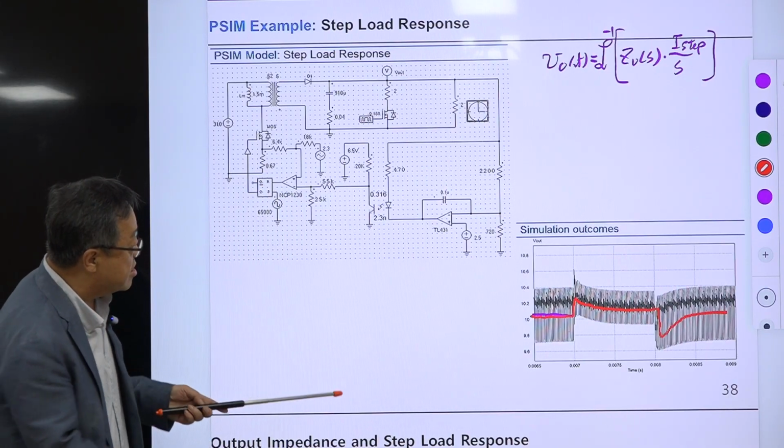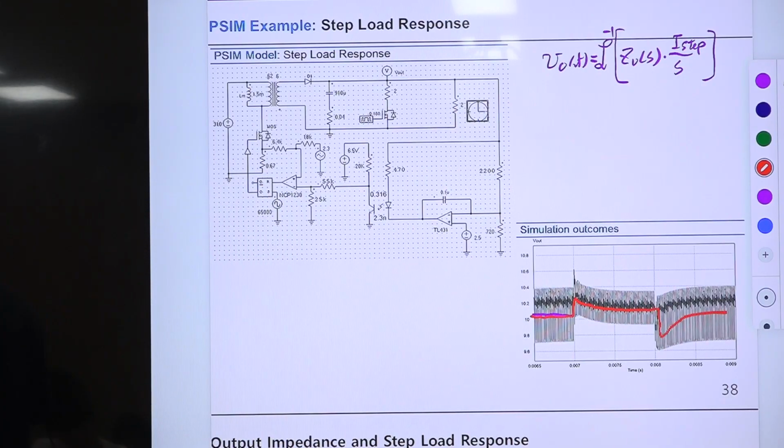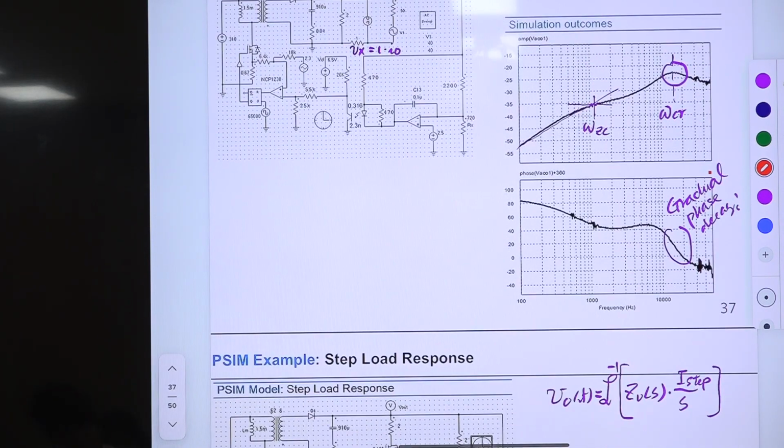If you take a look at this, there are two different behaviors here. There is some oscillatory behavior, something similar to this. Okay, it appears here and disappears very soon, because this is fast, and there is some first order exponential decay here. The time constant of this is 1 divided by omega gc, because the pole is coming here.